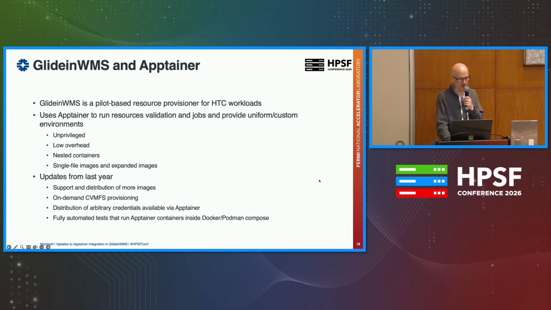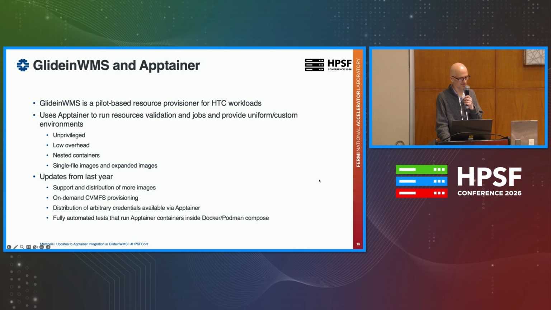So to summarize, GlideinWMS is a pilot-based resource provisioner for high-throughput computing. We use Apptainer to run the resource validation and to run the jobs inside the containers that they choose. We like the fact that it's unprivileged, because we run on different resources and we almost never have root, only sometimes on cloud.